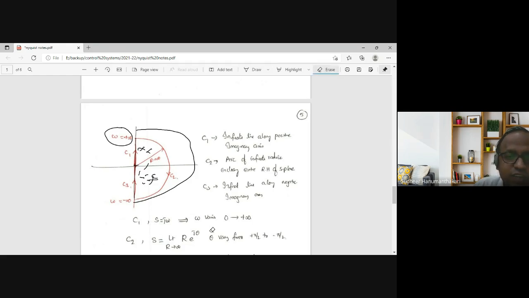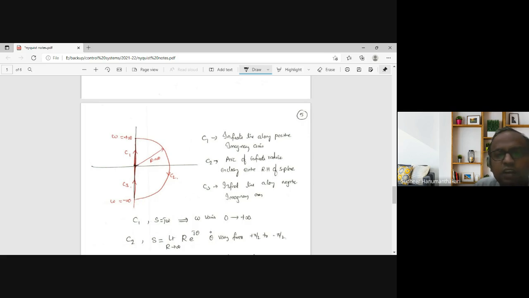So how do we find out how many poles and zeros are lying on the right hand side of the S plane? Select a contour such that it covers all the poles and zeros lying on the right hand side. How to draw that contour? First draw a straight line from the origin to plus infinity along the j omega axis. What is C1?